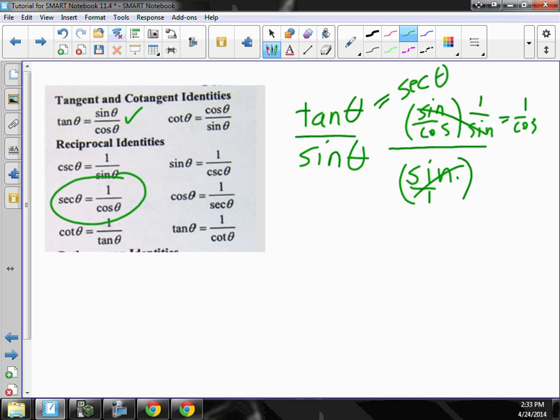You want to see another one? Oh, shoot. This other one is not one that I want to do. So let me make one up. Let's do cosecant of theta times the secant of theta times the tangent of theta.